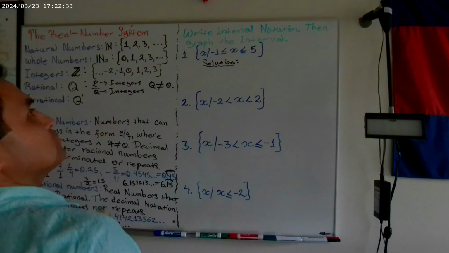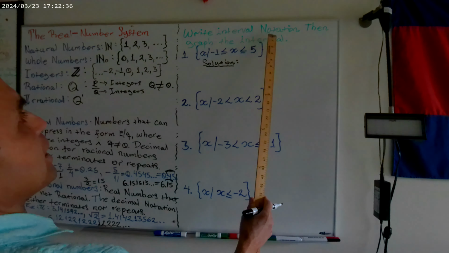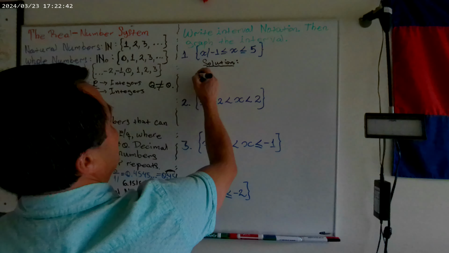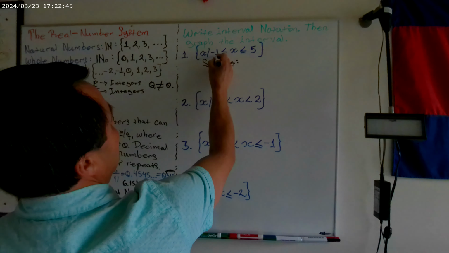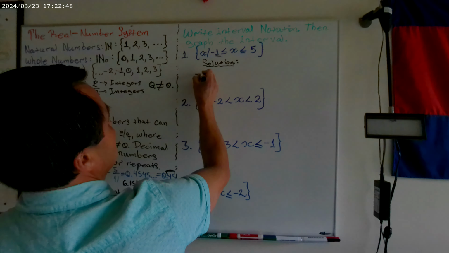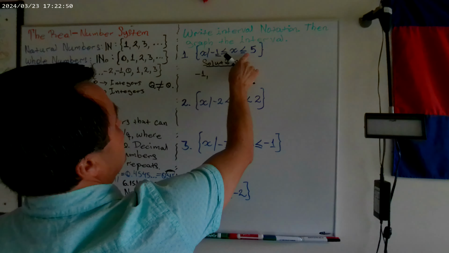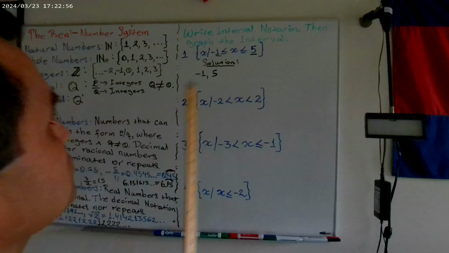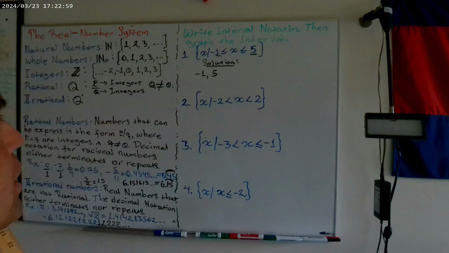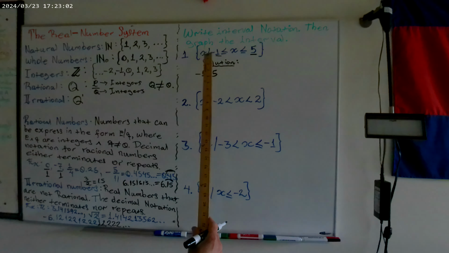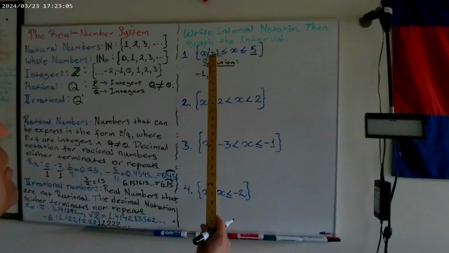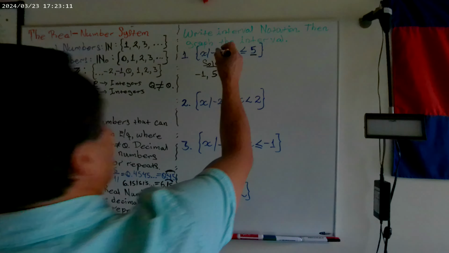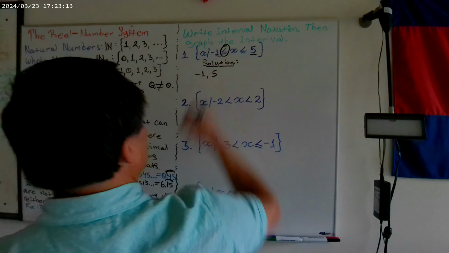The first thing that we have to do is write the interval notation. Basically, on the left side you write the number on the left, minus 1, comma, and then on the right, the number on the right, which is 5. Let's read the exercise again. If it says less than or equal, that means that minus 1 is included.